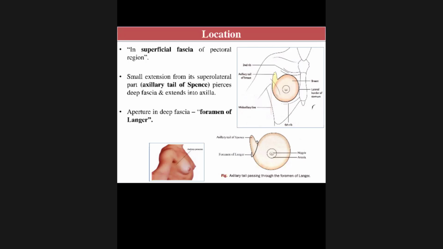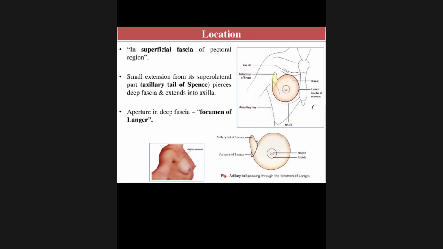The aperture in the deep fascia is known as the foramen of Langer. Again I repeat, the foramen of Langer is the aperture, and that aperture is pierced by the superolateral part of the mammary gland, which is called the axillary tail of Spence.